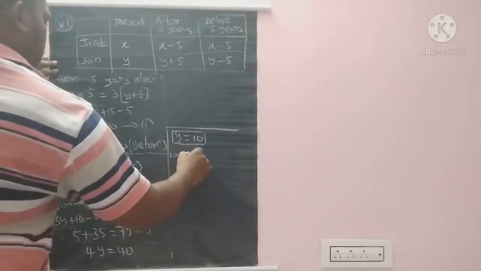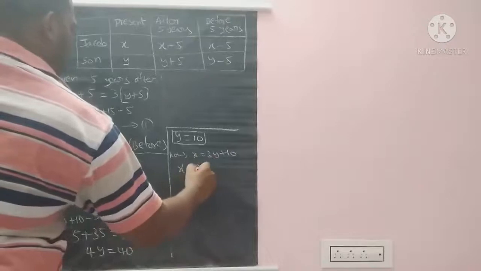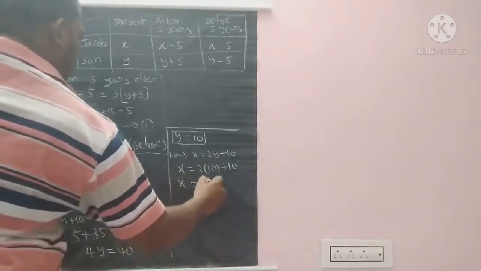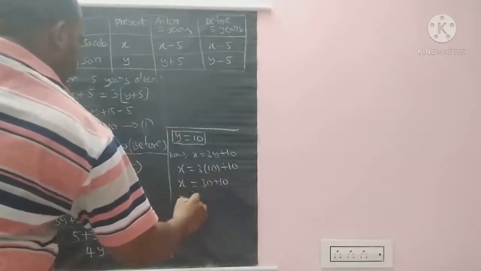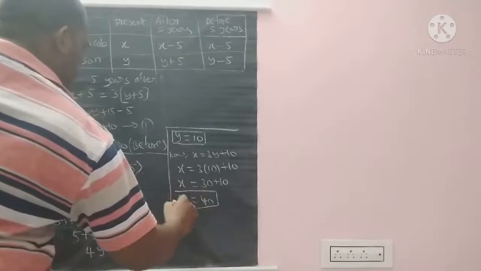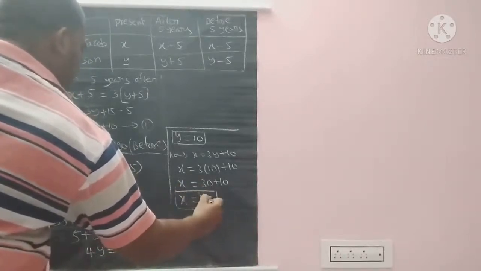Now x is equal to 3y plus 10. So x is equal to 3 into 10 plus 10. x is equal to 30 plus 10. x is equal to 40. So now what are the present ages?